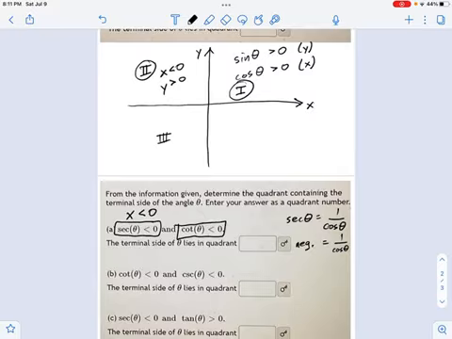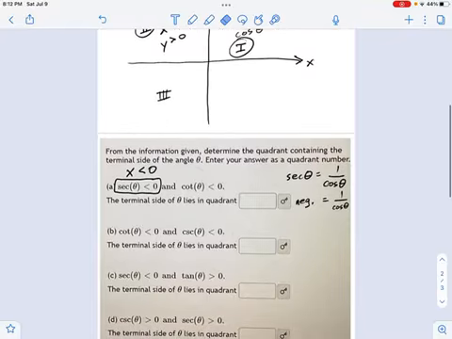Now, cotangent is not like sine and cosine. It's not going to be a simple x or y coordinate. You have to remember what cotangent is as an equation. So let me just write this down in the margins here. Cotangent theta, if you remember your quotient identity, equals cosine divided by sine.